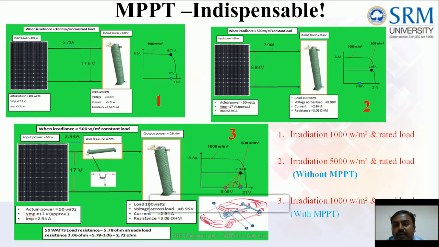So MPPT system is nothing but a system which will regulate your R0 with respect to your source voltage, or source resistance or Thevenin. You can equivalent this to a maximum power transfer theorem.